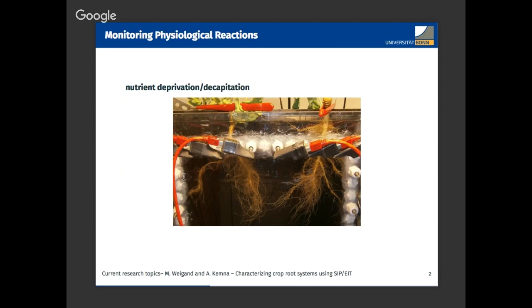What you can probably not see here are two root systems in a container also filled with tap water. Tap water creates a nutrient-deprived environment, so basically the roots or the plants were dying during the experiment. We observed those using EIT over the course of 1 week.